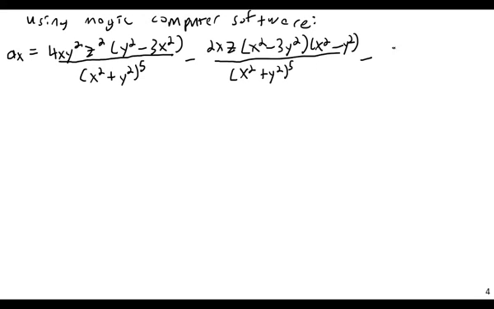And then minus 2xy squared over (x squared plus y squared) to the third power.